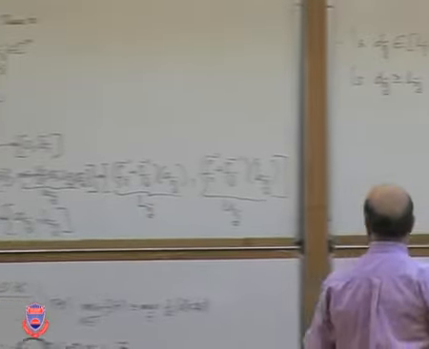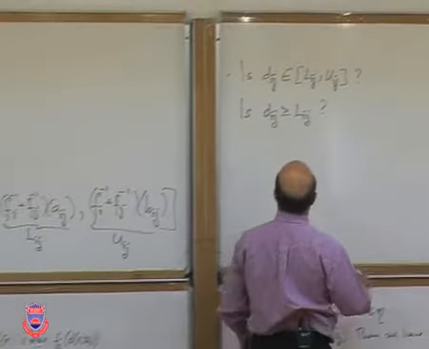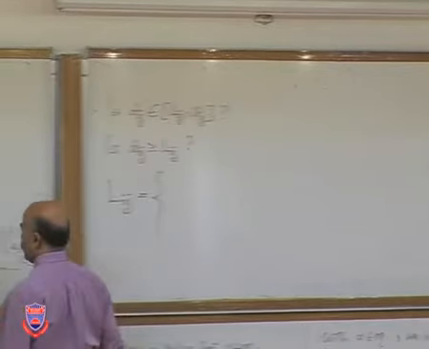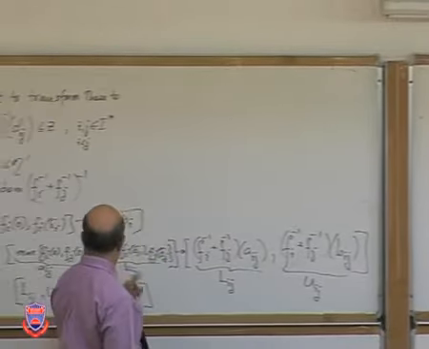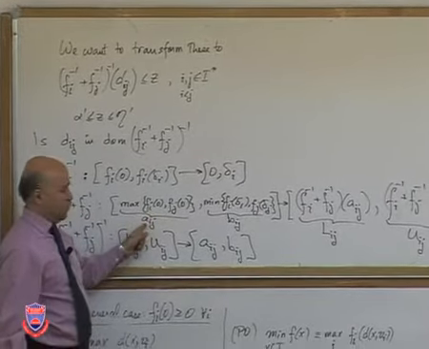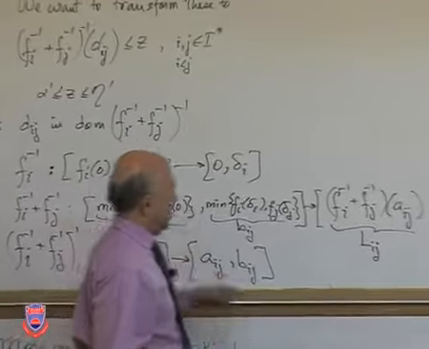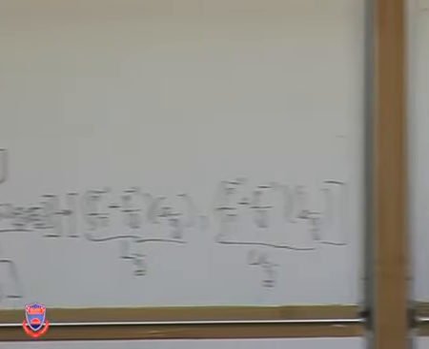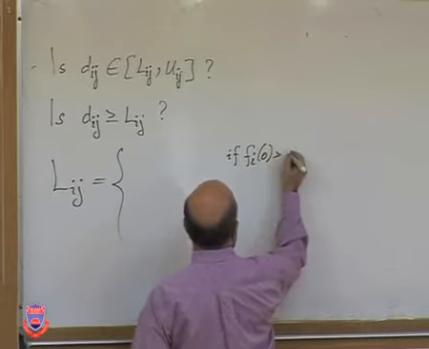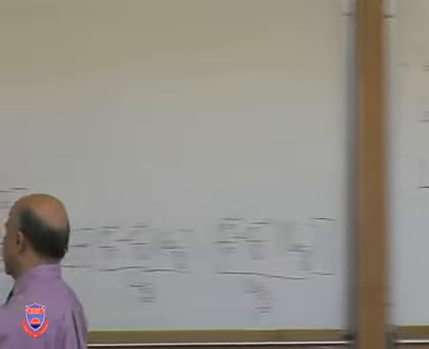Well, maybe we should actually write down the expression for these things. Let's write down Lij. How much will it be? Well, it will depend on which of Fi0 or Fj0 determines Aij. Okay, let's just assume Fi0 is greater than Fj0 first. So what's the Aij value in that case?